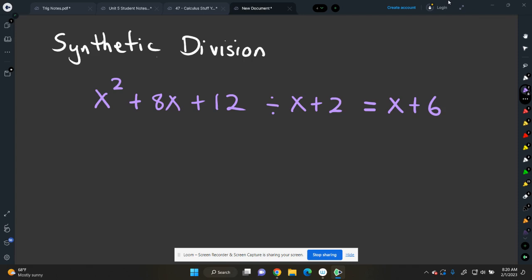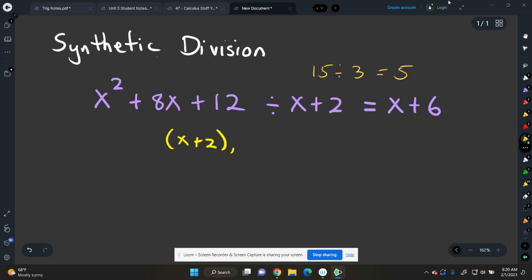That means, just like before when we had 15 divided by 3 equals 5, this means that x plus 2 and x plus 6 are what? Factors.